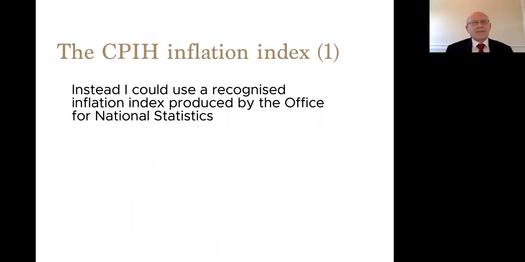So instead of just looking at the price of those 800-gram wholemeal sliced loaves at Tesco, I could use a recognized inflation index. And the place to go for that, of course, is the Office for National Statistics.